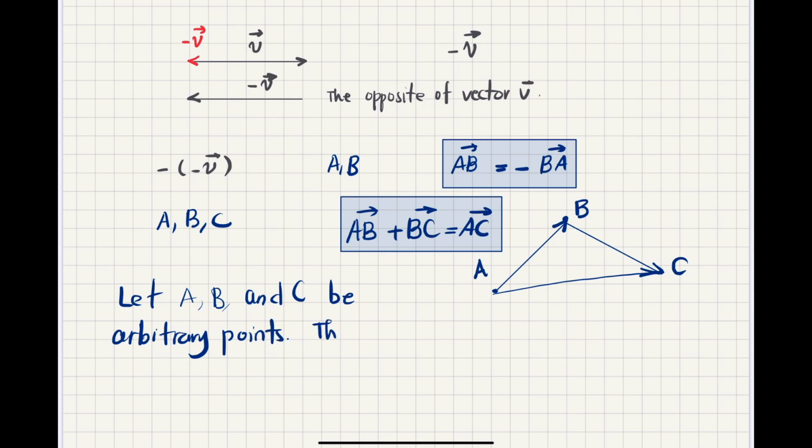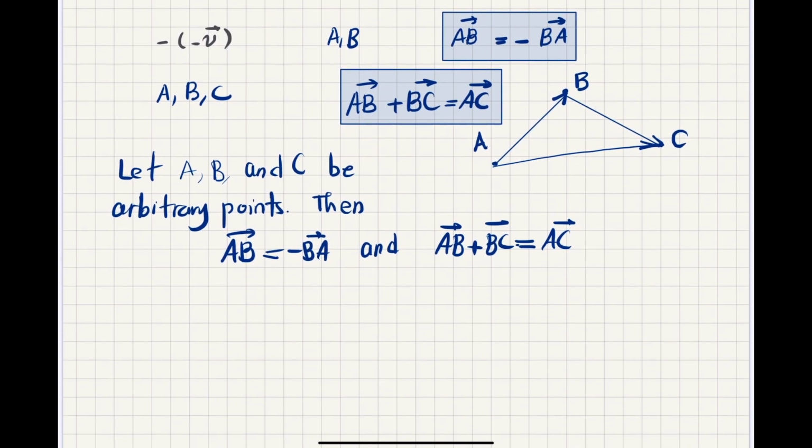Then AB is equal to minus BA as vectors, and AB plus BC is equal to AC. Sorry, AC. Do you have questions? So these are the good things to know.